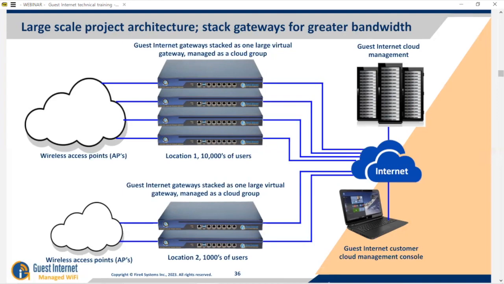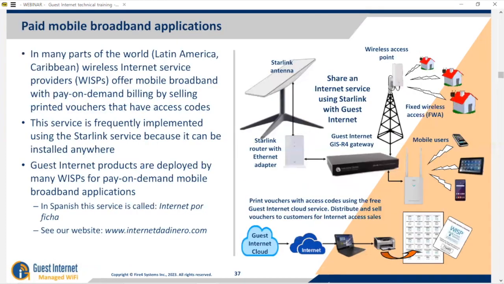And so if it's necessary to have 10,000 people connecting to a network, then 5 GISR40 products might provide the bandwidth necessary using 5 gigabits of internet service. And so there are a lot of flexible methods of configuring large-scale internet services.